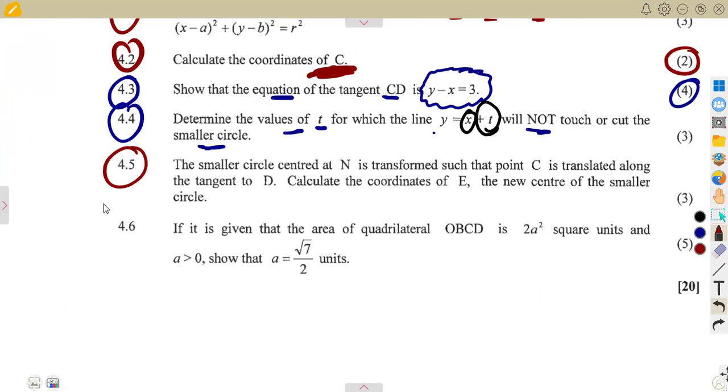4.5, we are given that the smaller circle centered at N is transformed such that point C is translated along the tangent to D. Calculate the coordinates of E, the new center of the smaller circle. All right, let's be clear there.